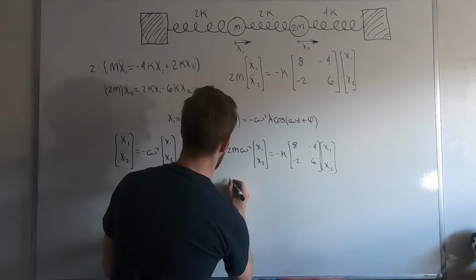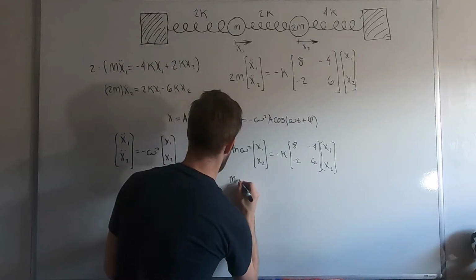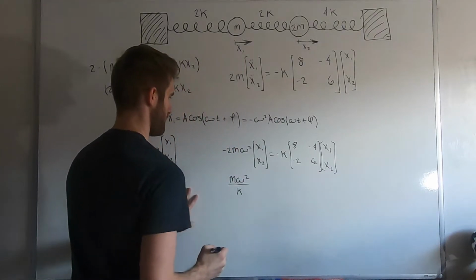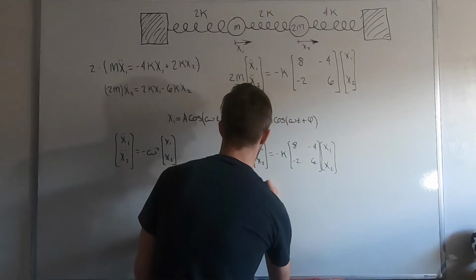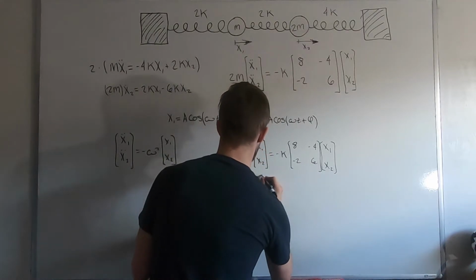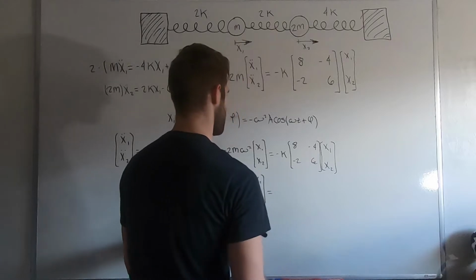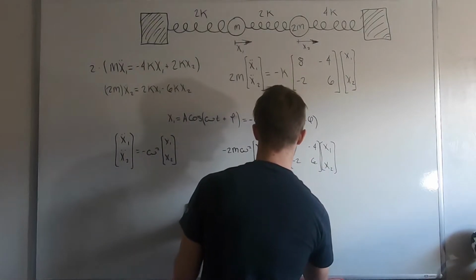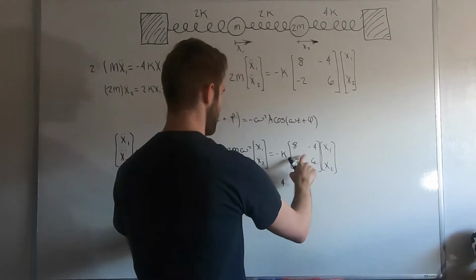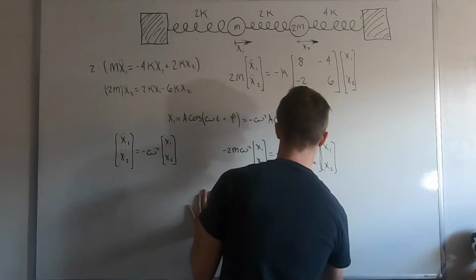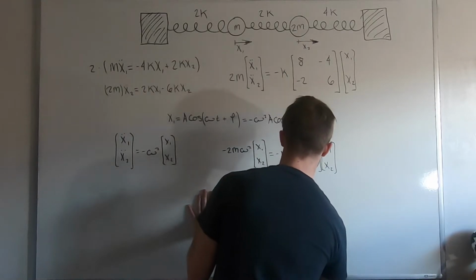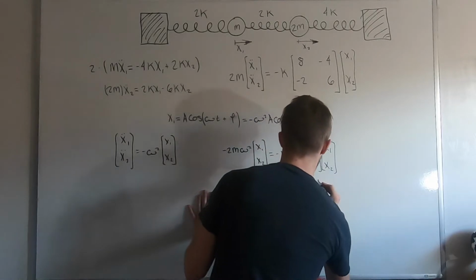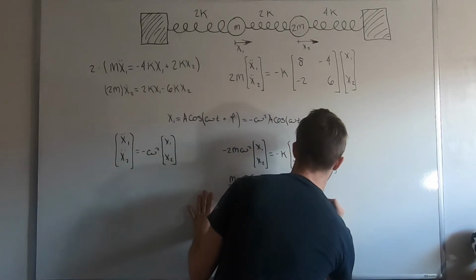So now we're going to have m omega squared over k, and we're going to have x1, x2, that's going to be equal to, so divide out by 2, we're going to get 4, negative 2, negative 1, and 3. So there we go. So x1, x2.